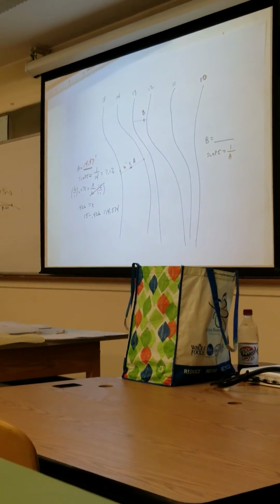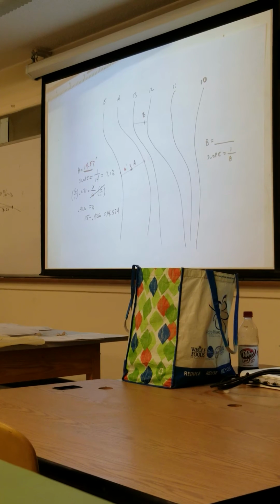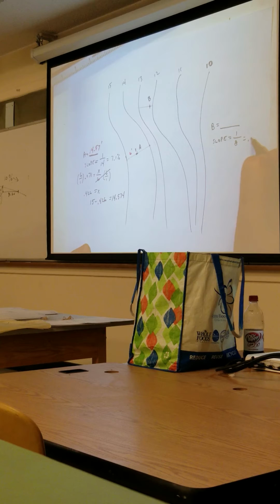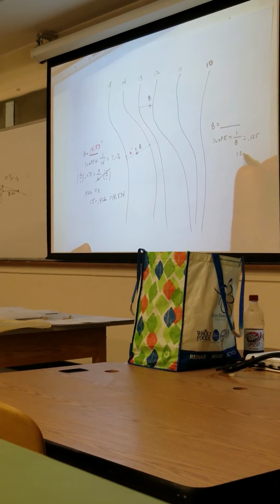Slope: rise is 1 foot, run is 8 feet. So 0.125, or 12.5%.